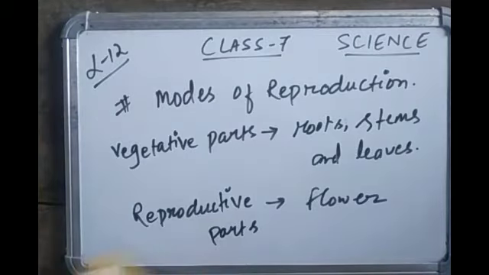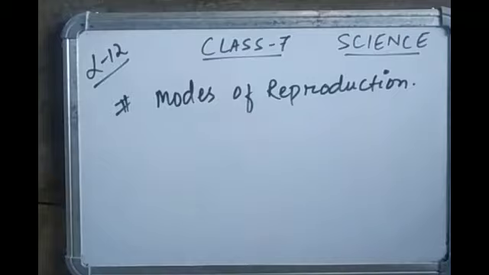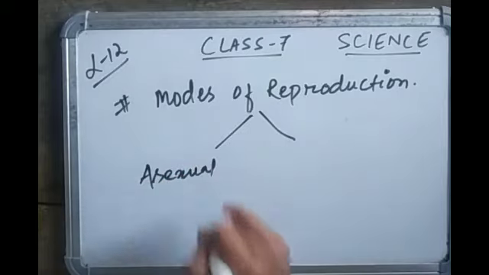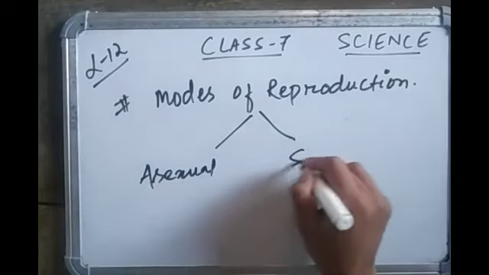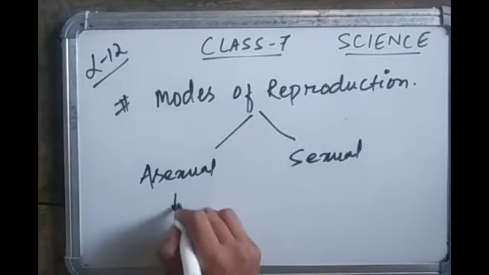Modes of reproduction are of two types. One is asexual reproduction and the other one is sexual reproduction. In asexual reproduction, plants can give rise to new individuals without seeds.